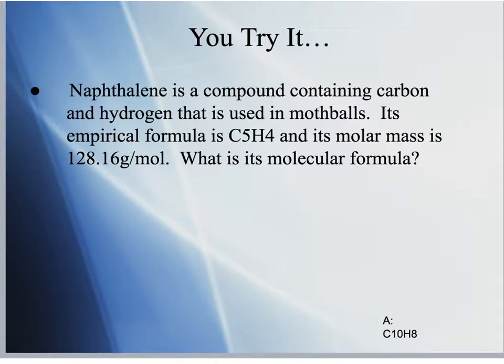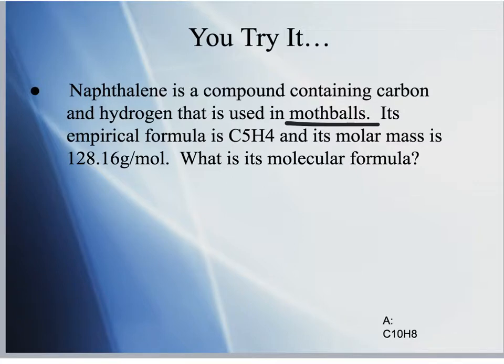Naphthalene was one of the layers of crude oil that when it gets up to a certain temperature, naphthalene will evaporate and they can trap that and use it for different household chemicals. And in this case, we're going to be using this in mothballs.